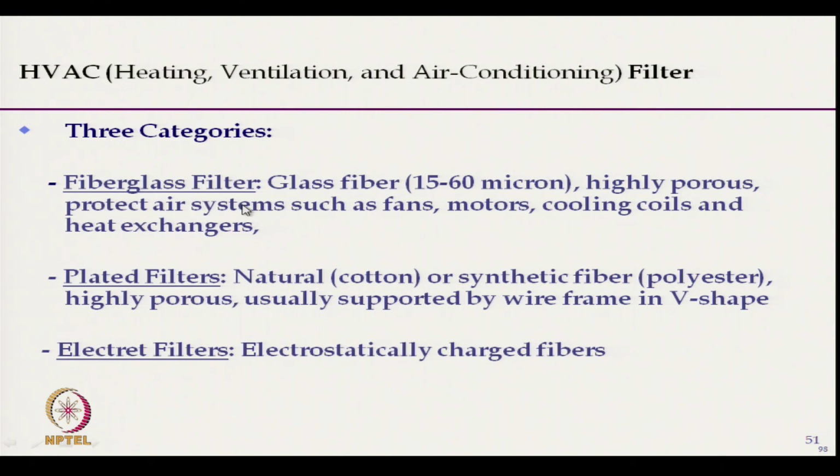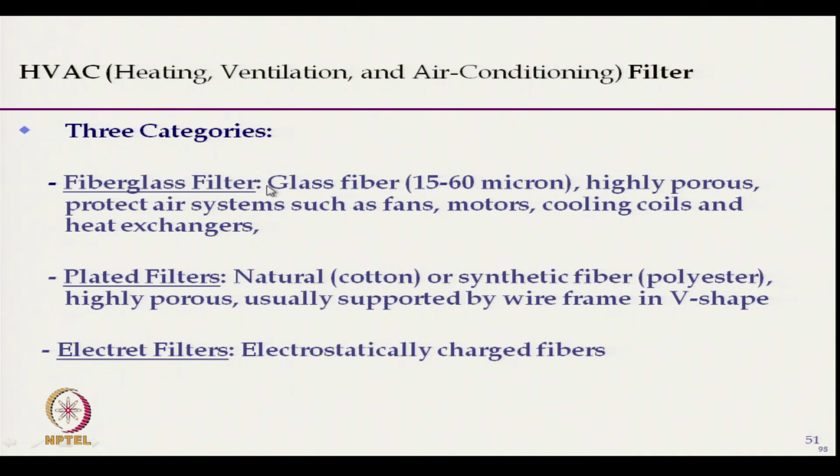Fiberglass filters: basically, glass fibers with 15 to 60 micron diameter are used. These filters are basically used as pre-filters with high porosity, to protect air systems such as fans, motors, cooling coils, and heat exchangers.